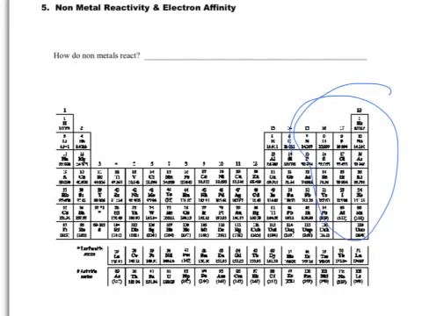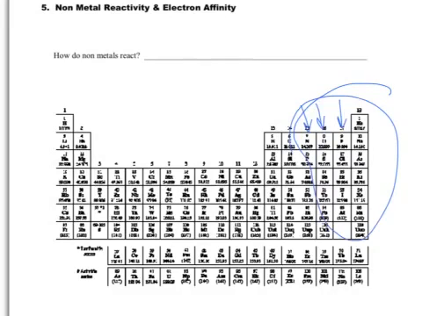The reason is that they typically have a high number of valence electrons. For example, the halogen family has 7 valence electrons, the oxygen family has 6, and the nitrogen family has 5, so it requires less energy to gain a few electrons than to lose a whole bunch.